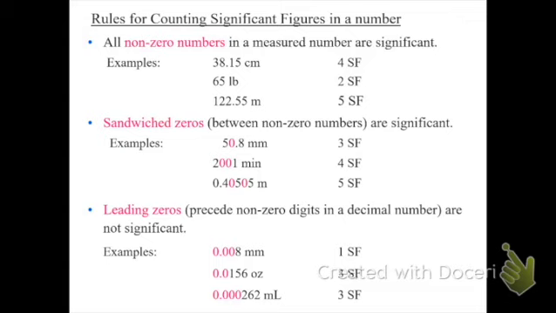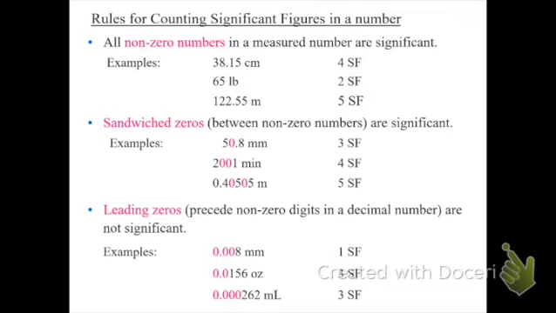And that leads us to the next rule, which is the leading zeros. So the leading zeros are basically the placeholders. They really don't count. They precede non-zero digits. So if you see a number that starts with 0 point anything, ignore all those zeros and start counting from the first non-zero number.